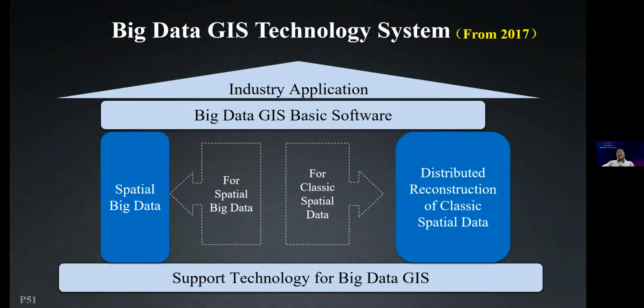So these two directions are, first, for the traditional spatial big data, and the second, for the classic spatial data. For classic spatial data, we use the distributed reconstruction of classic spatial data.